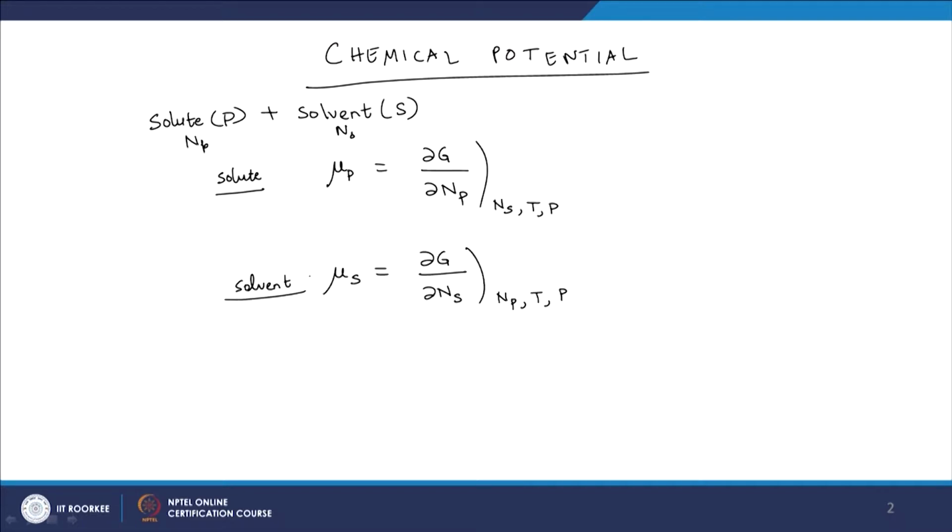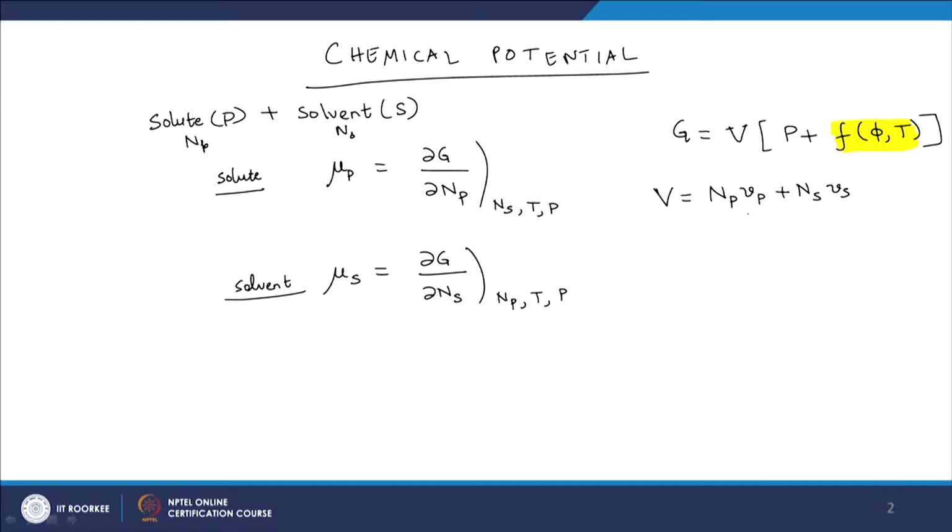Now just to recall, we said that the Gibbs energy G is V multiplied by P plus f of phi, T, where this is the function we care the most about, that is the Helmholtz free energy density. And we also said that V is equal to Np Vp plus Ns Vs, and is a constant if the system is incompressible.